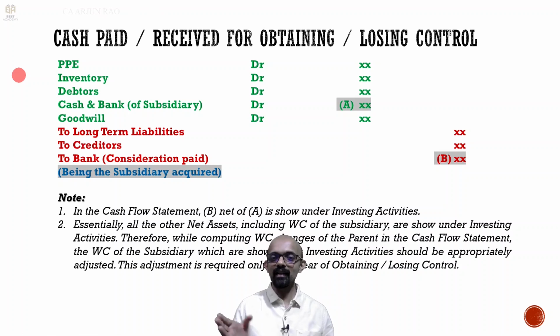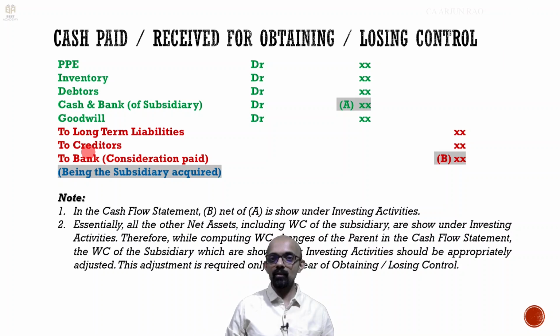So we are showing net assets of the subsidiary acquired, and what amount we are going to show? B minus A. So essentially all these assets and these liabilities are being shown as investing activity, right? So when you prepare the cash flow statement in operating activities under indirect method, we need to adjust working capital items.